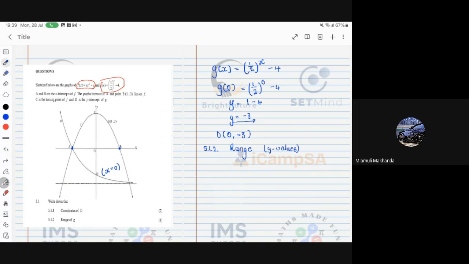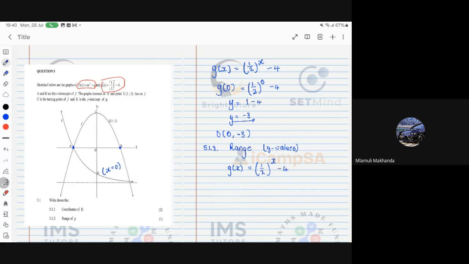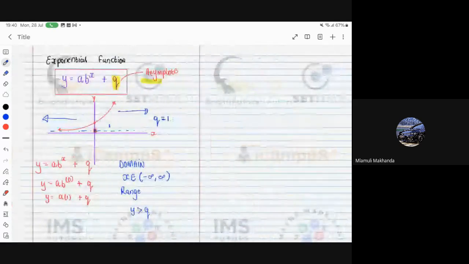You can already say just by looking at it graphically what is going to be our horizontal asymptote. We can simply go back to that general function, because even by observation, once you understand the general formulas, you should be able to see by looking at the graph or the formula what our asymptote is.